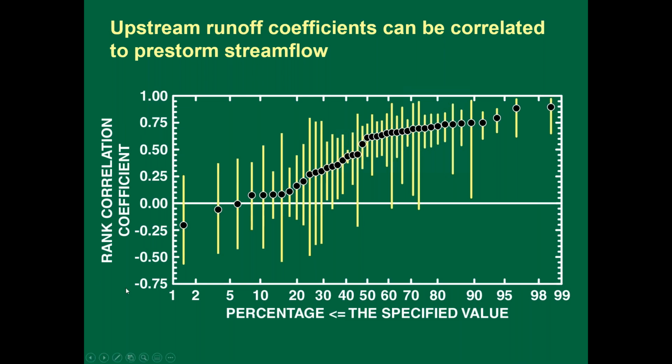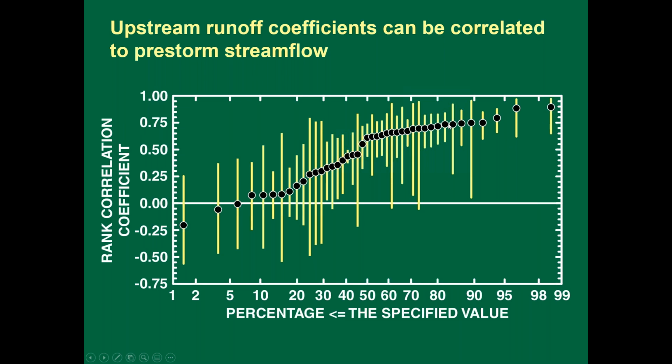So data sets with few storms have large variation above and below the correlation coefficient, and ones that had many storms had these narrow correlation coefficient bands. Doing this analysis, we saw that most of the sites that had a lot of samples, and therefore we have better confidence in what the actual correlation between the pre-storm flow and runoff coefficients might be, those correlations are within this band of 0.5 to about 0.95.